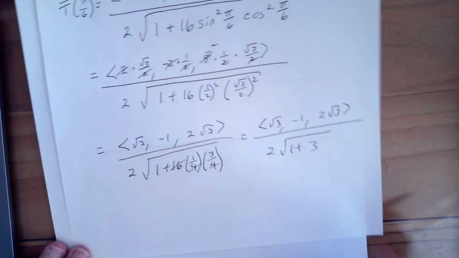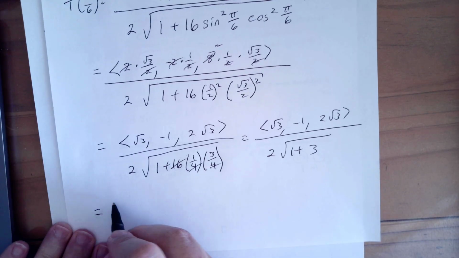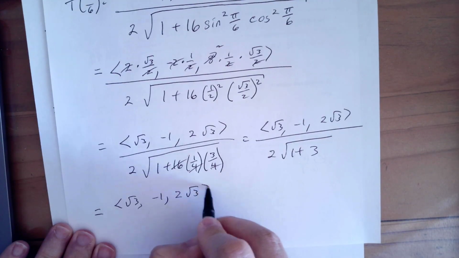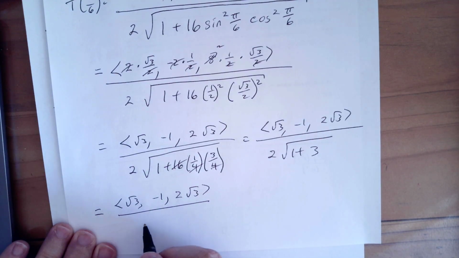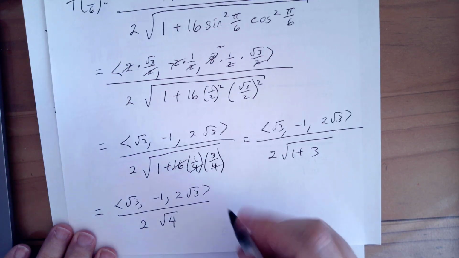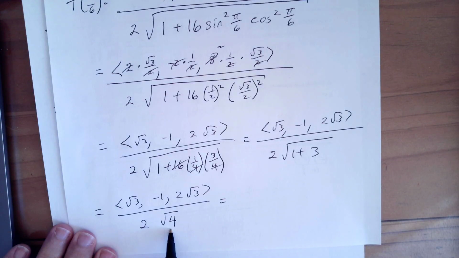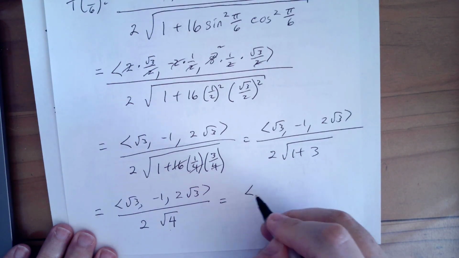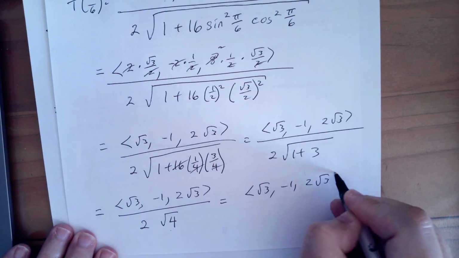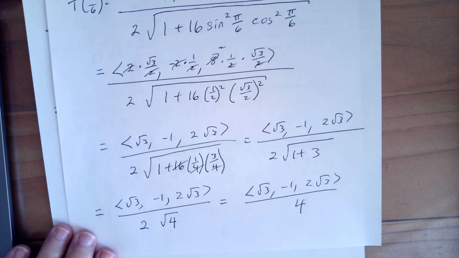So this should shake out to be square root of 3, negative 1, 2 square root of 3 over 2 square root of 4, I believe. So the square root of 4 is 2, so you'll get a 4 in the denominator. So you'll get square root of 3, comma, negative 1, comma, 2 square root of 3 over 4, if you like.